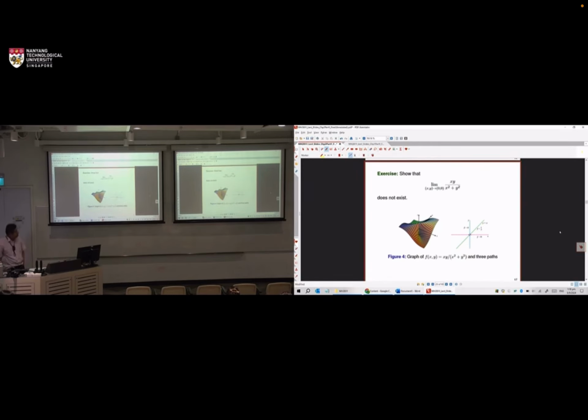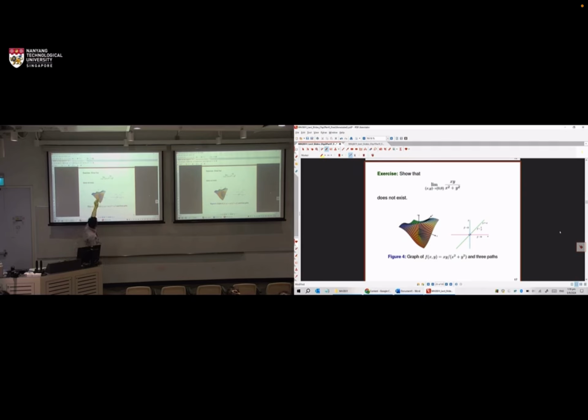Show that the limit as (x, y) approaches (0, 0) of xy over x squared plus y squared does not exist. Of course, you won't have the luxury of the figure; I won't give the figure to you in the exam. But you can see from here where 0, 0 should be.